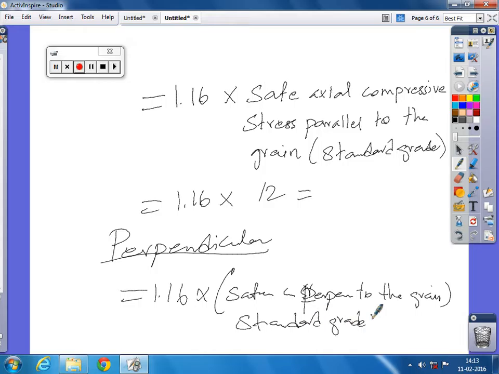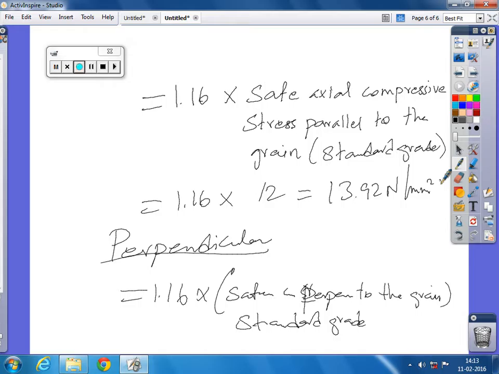What is the answer? 13.92 Newton per mm square. For the perpendicular, tell me the answer, Jijo. 6.96. I'll go to the next page. Finished copying.